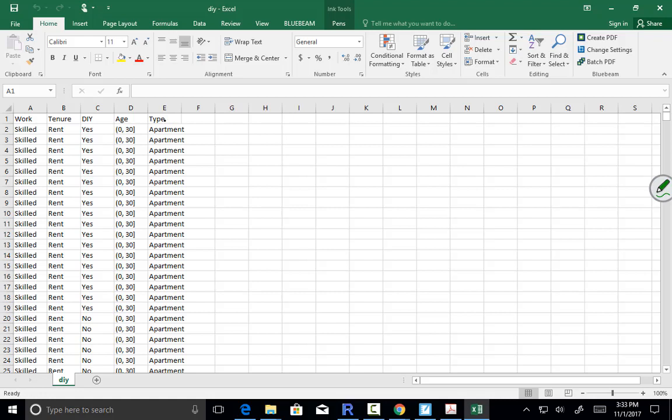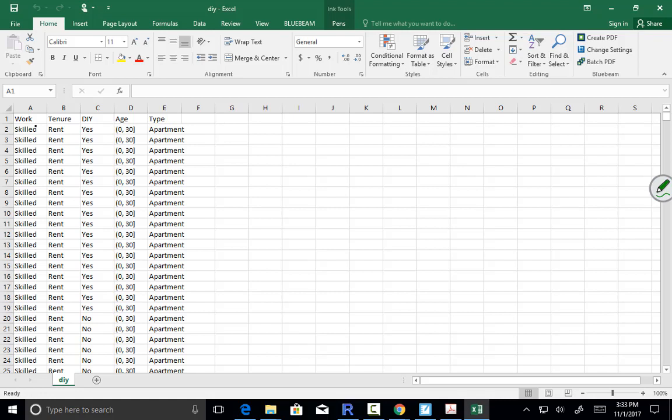Here are the 5 categorical variables. We have a work variable, and this is a characterization of what type of profession each individual is in. Is it a skilled or an unskilled job? I don't know how they define that exactly.